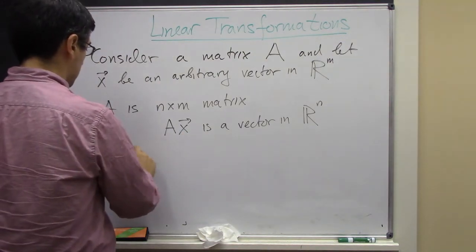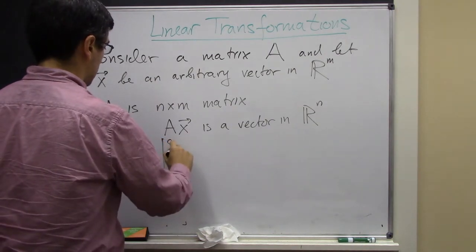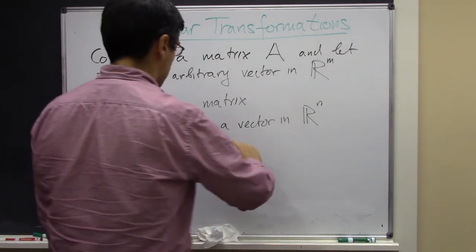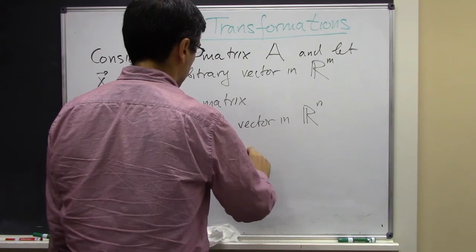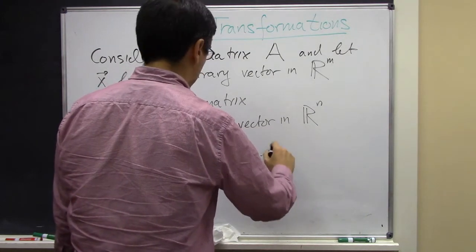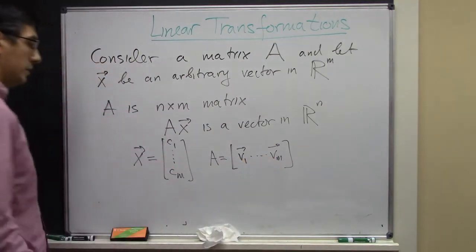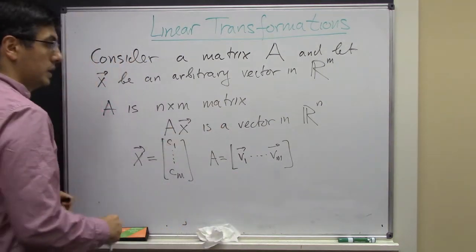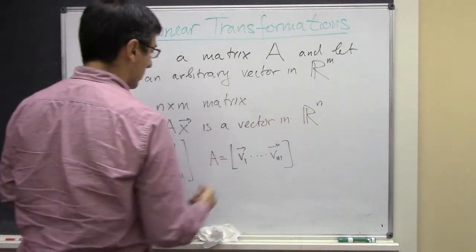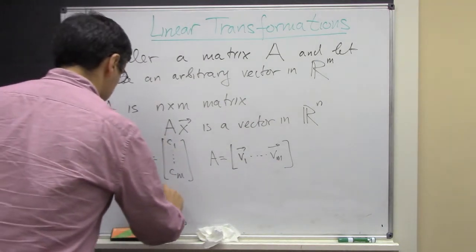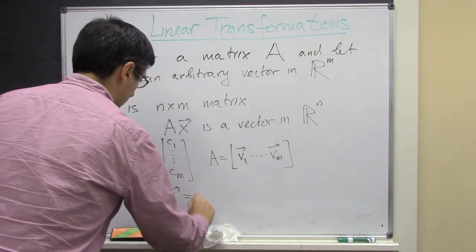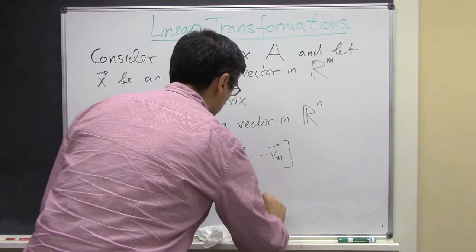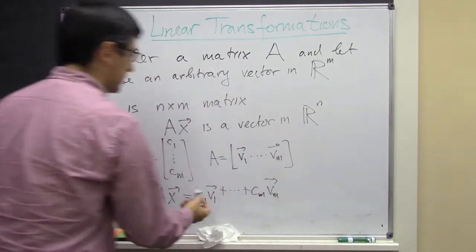If x is c1 to cm, and A has as its columns v1 to vm, so these columns have size n, each column is a vector in R^n. Then this Ax is simply c1 v1 plus cm vm. And this is a vector in R^n.